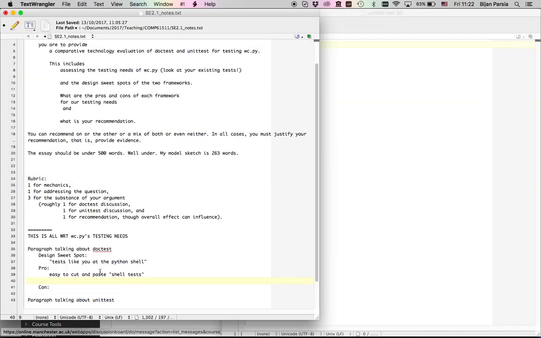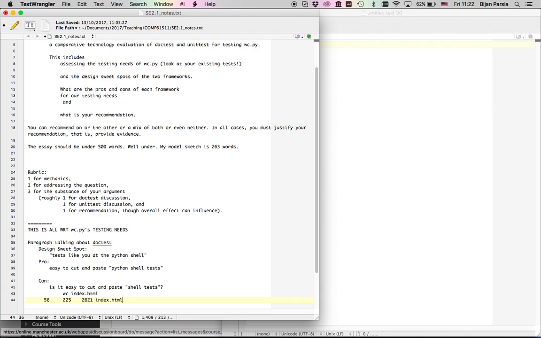So it depends on the notion of shell test here. It's easy to cut and paste Python shell tests. So that is definitely still part of its design sweet spot, but it might not be so easy. So I ask a question now: is it easy to cut and paste shell tests? In this case, I mean ones like that.